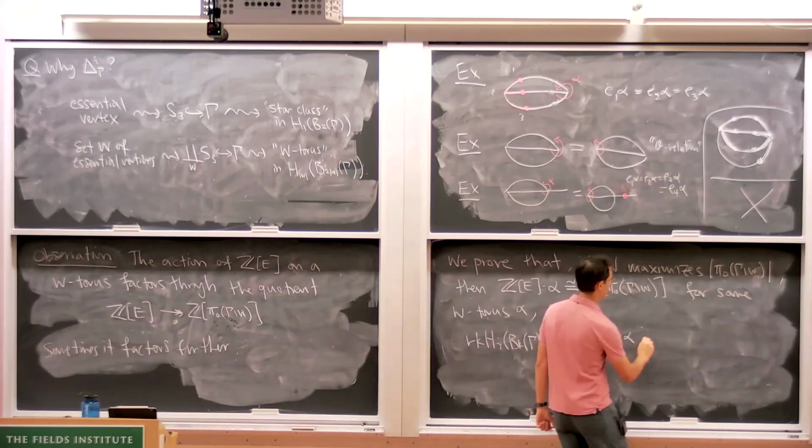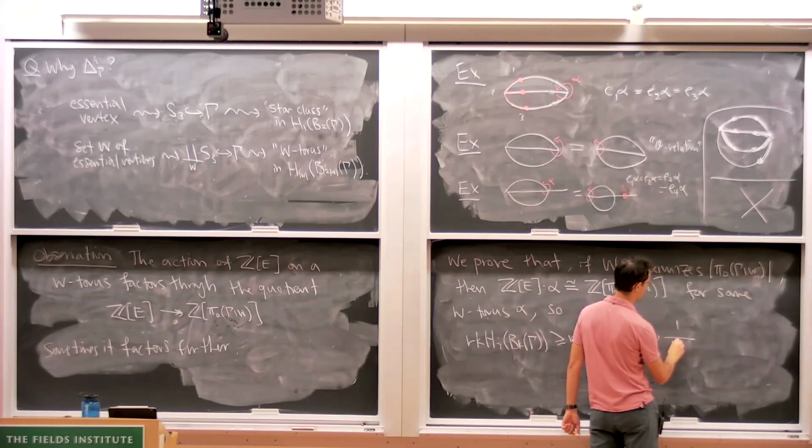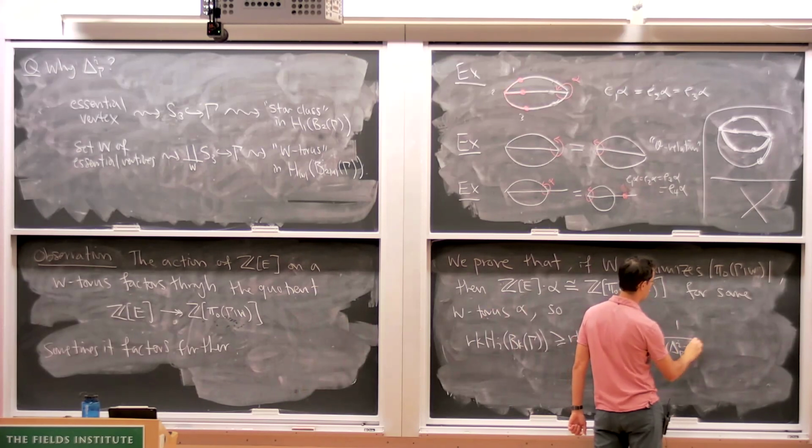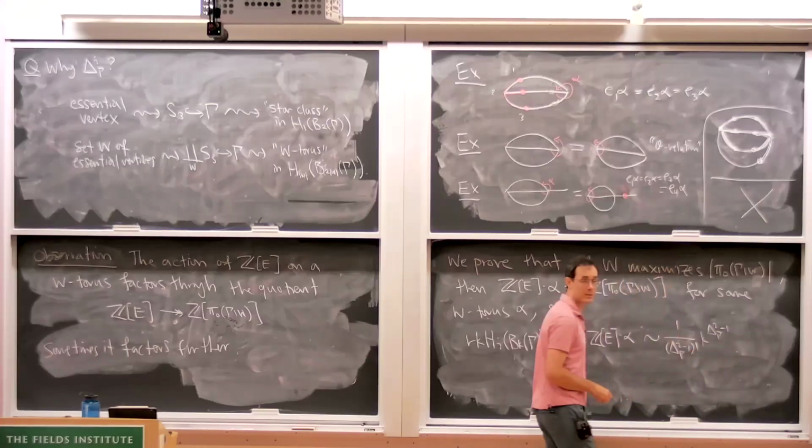And the asymptotics of this are exactly 1 over delta minus 1 factorial times k to the delta minus 1.